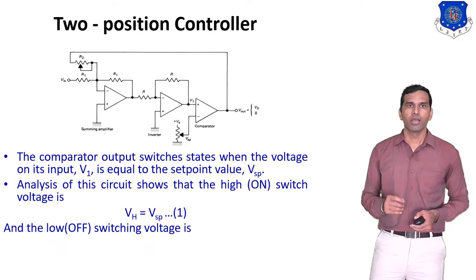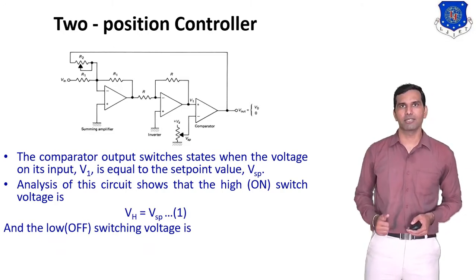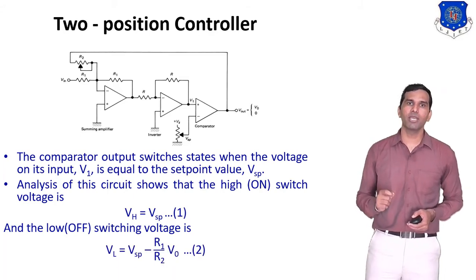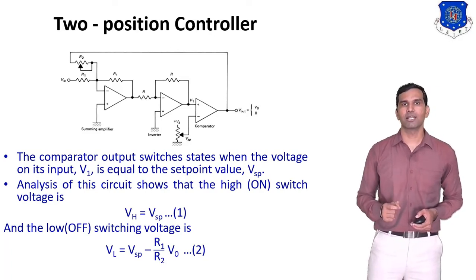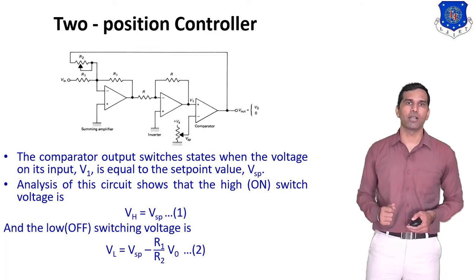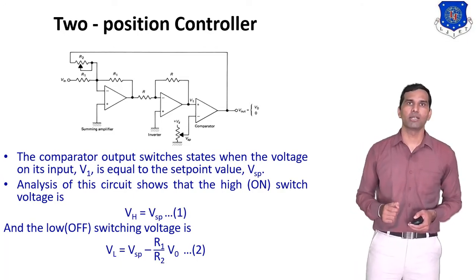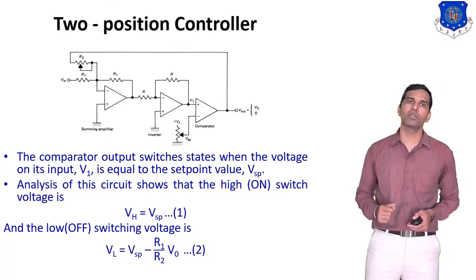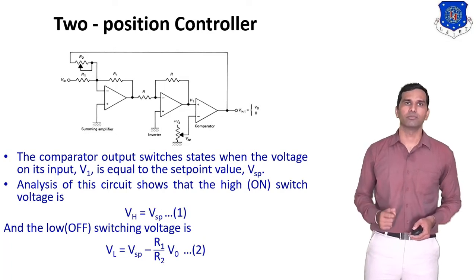And the other end, the low, that is the off switch voltage, is given by VL equals VSP minus R1 upon R2 into V0. You can see the resistor values R1 and R2. By using that, we get the low voltage, VL equals VSP minus R1 by R2 into V0.